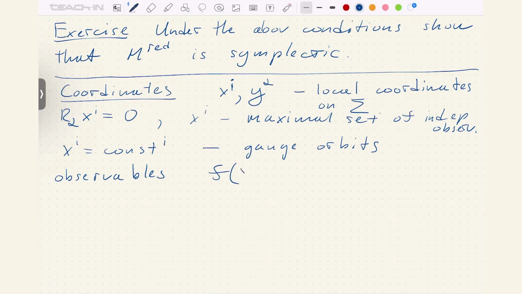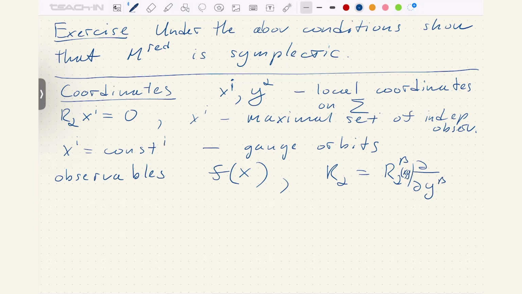Why? Because, of course, R alpha preserves x. So R alpha should look like this: something like R alpha beta in these coordinates, d over dy beta. And these are some functions. They can depend on everything.